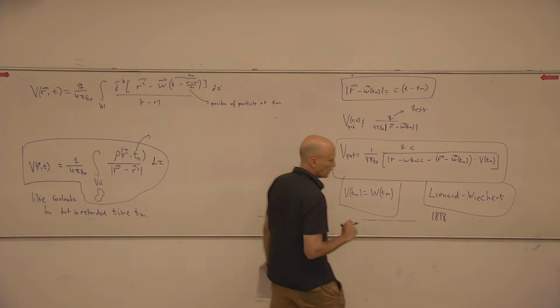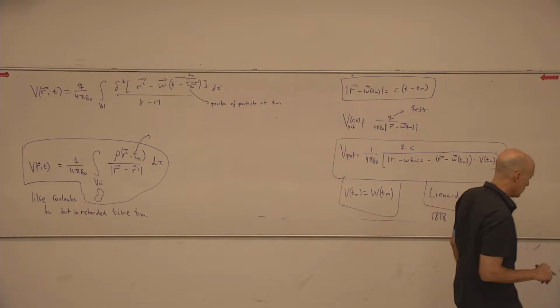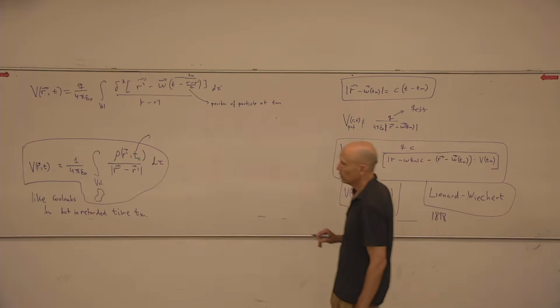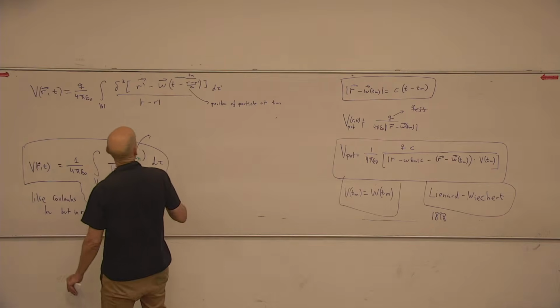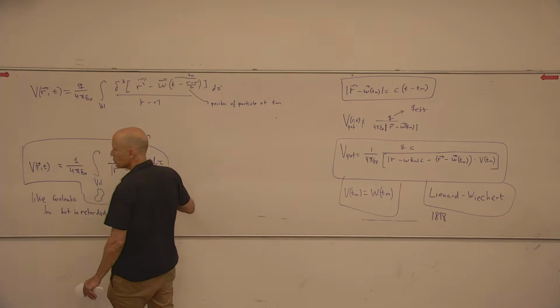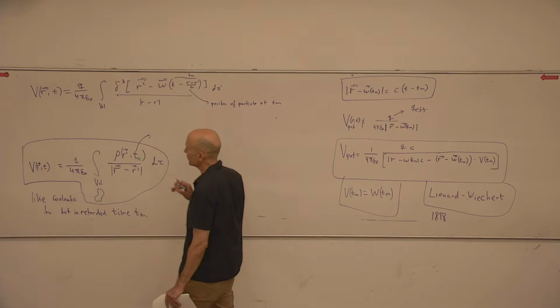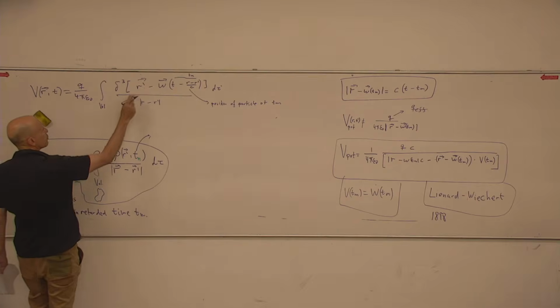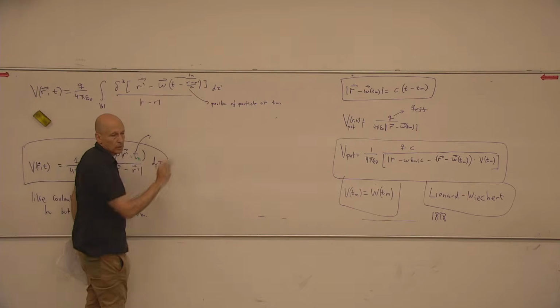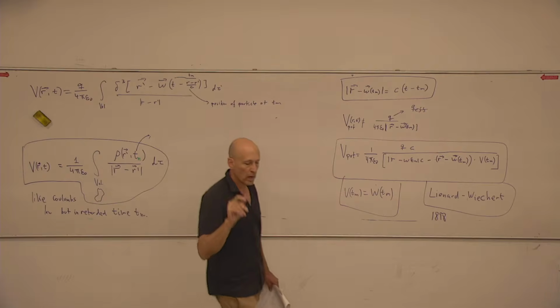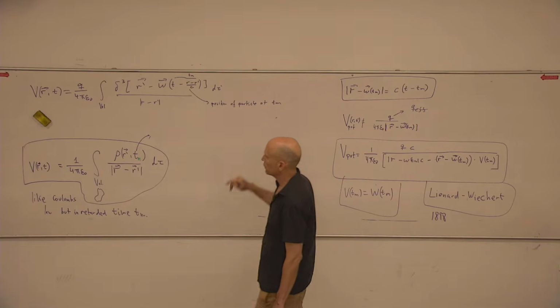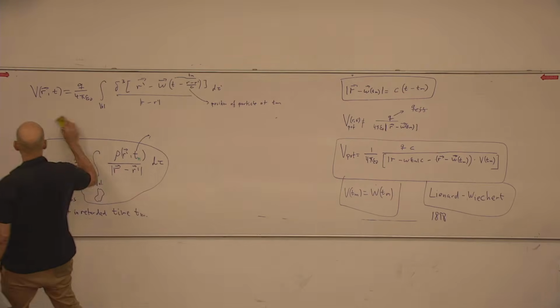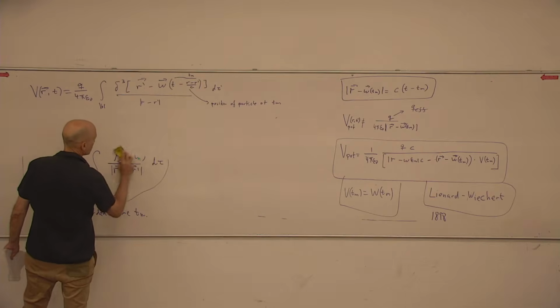So what is the trick? Does anyone have an idea? We're integrating over r prime, over the delta function, as usual. So why is this a mess? Because r prime appears here and here, and it's a function of r prime. This w is some general function. I think it's a mess.